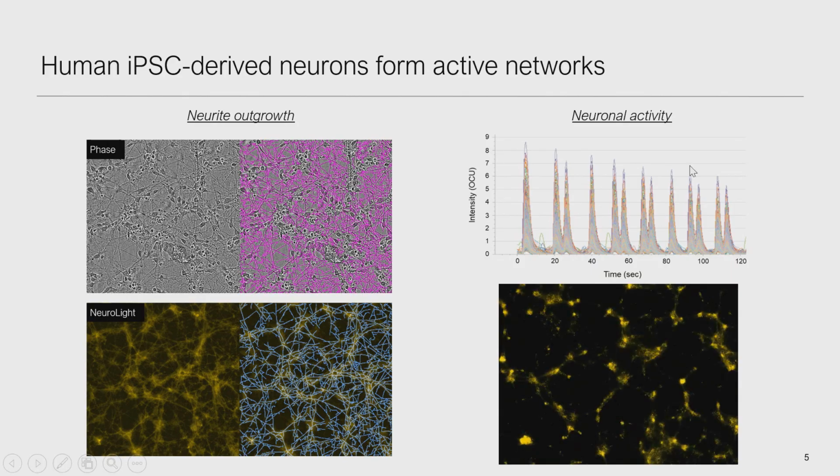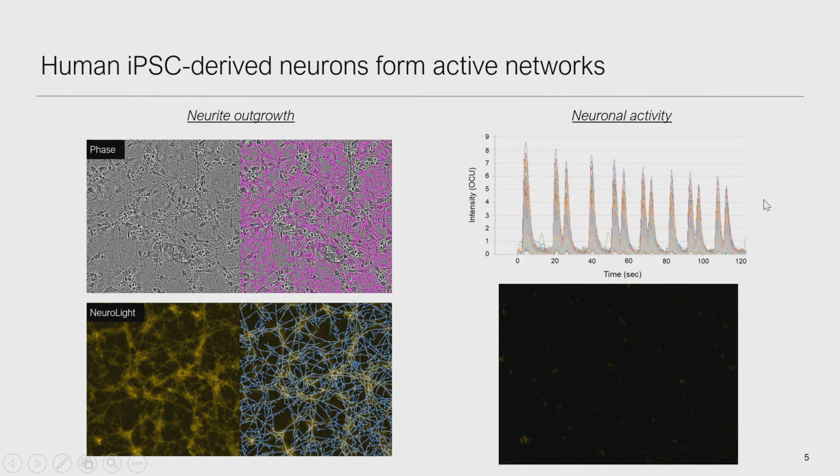The trace, the graph on the top of the slide, shows regions of interest with fluorescence plotted. So it's possible to track different regions of interest within the culture, monitor the fluorescence, and you can see that the burst firing can be shown to be synchronized.